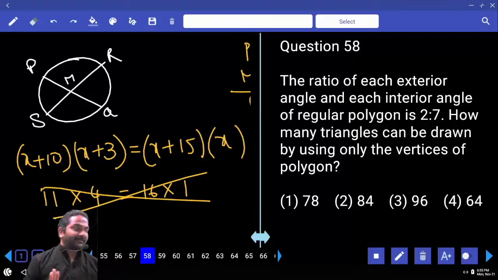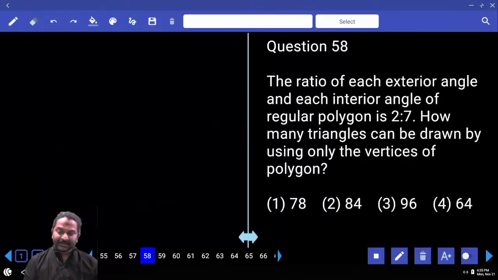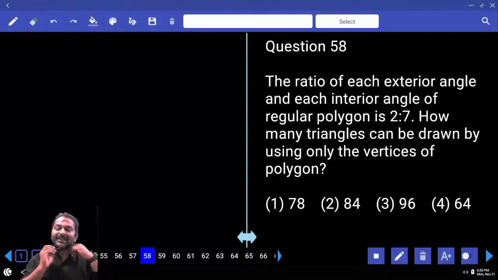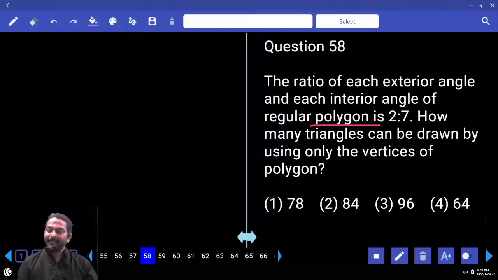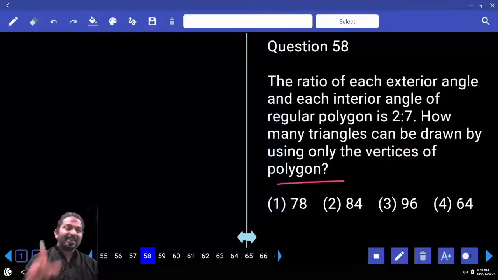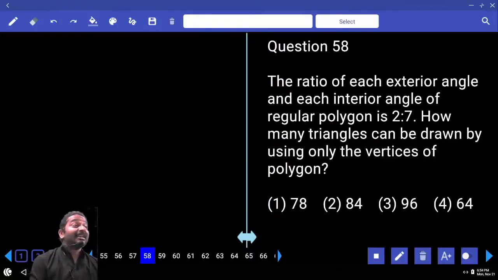Done everybody? Right, next. The ratio of each exterior angle and interior angle of a regular polygon. Polygon, we don't know how many sides are there, correct? Is to 7. How many triangles can be drawn by using only the vertices of polygon? Right, okay. That means using the number of sides, right? Okay. Exterior angle.